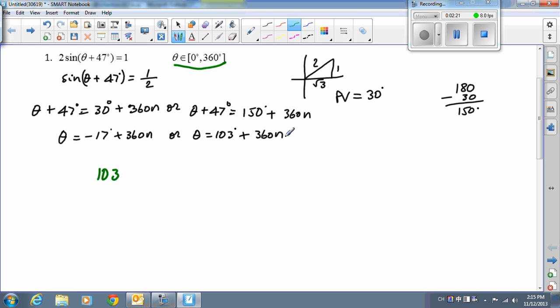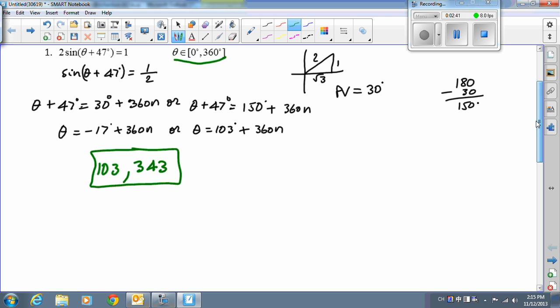That's in case I plug in 0 here. 0 here will not work for the other one, so I'll plug in 1. If you plug in 1, you get 360 minus 17, which is 343. If you plug in another 1 here, you pass 360. So these are the only 2 possible solutions.